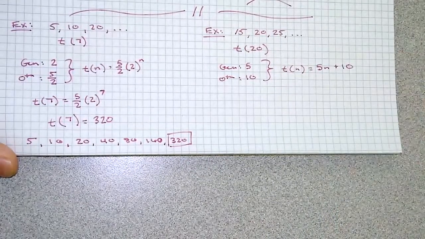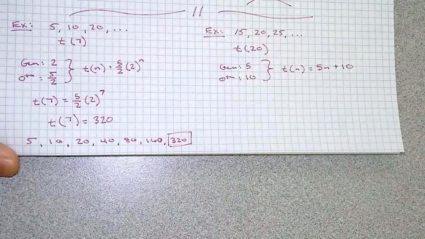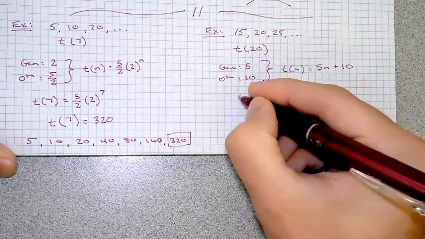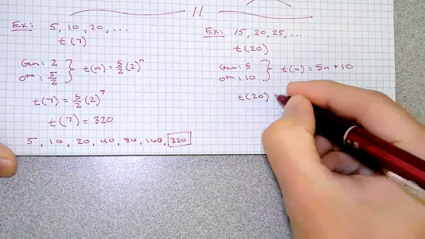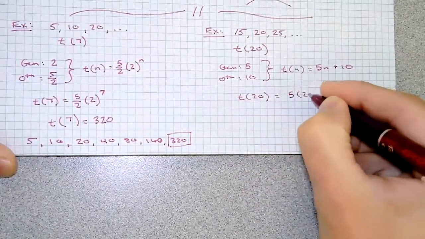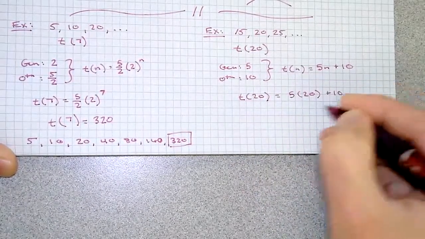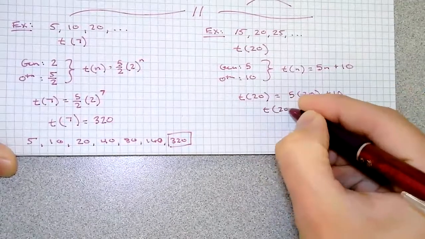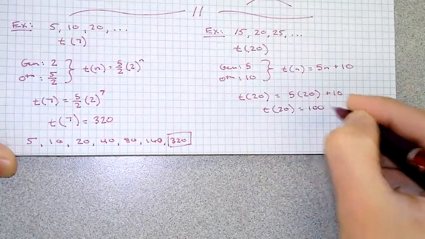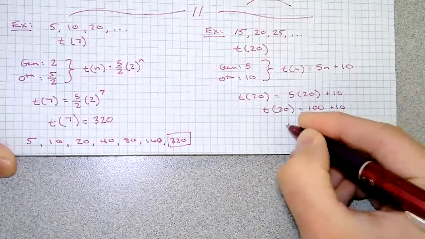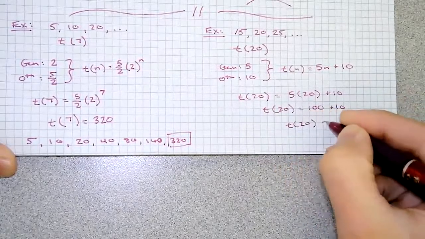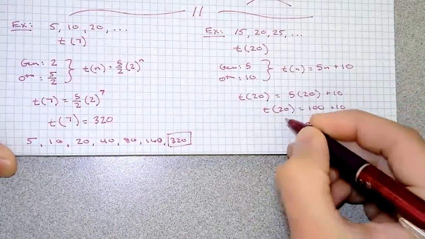So I get T of n equals 5n plus 10. Finding the 20th term, I plug in 20 for n. And I get 100 plus 10, which would be 110.